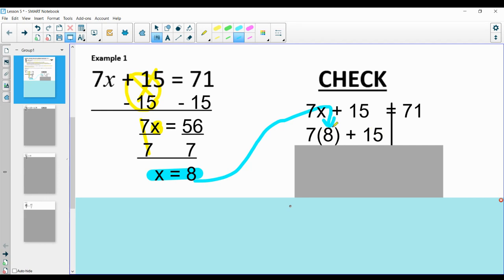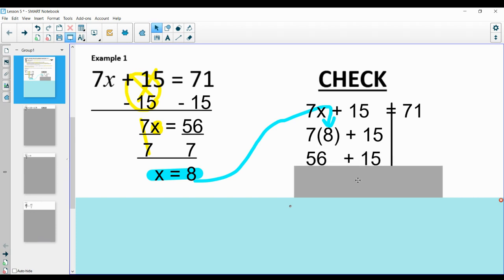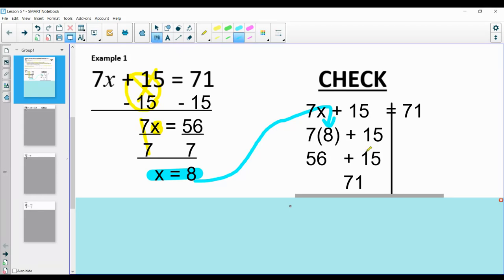And we hope that the left side is going to be equal to the right side. To do that, I now need to perform my order of operations. So I'm going to do 7 times 8, which is 56. 56 plus 15, use your calculator, and you get 71, which means that the left is 71 and the right side is also 71. So I know that I solved this equation correctly when the left side is 71 and the right side is 71 as well.